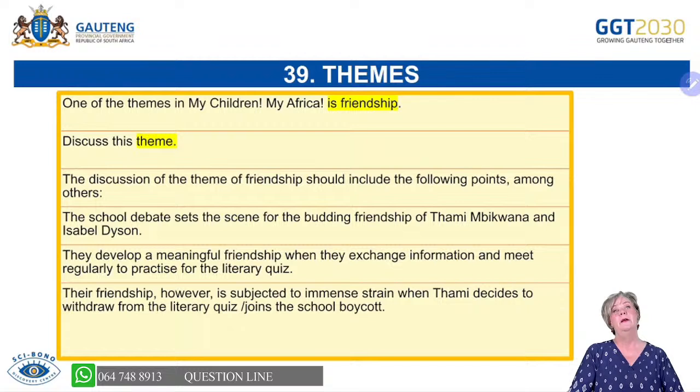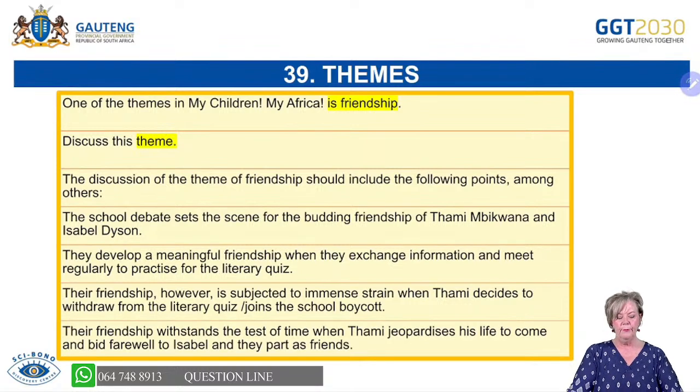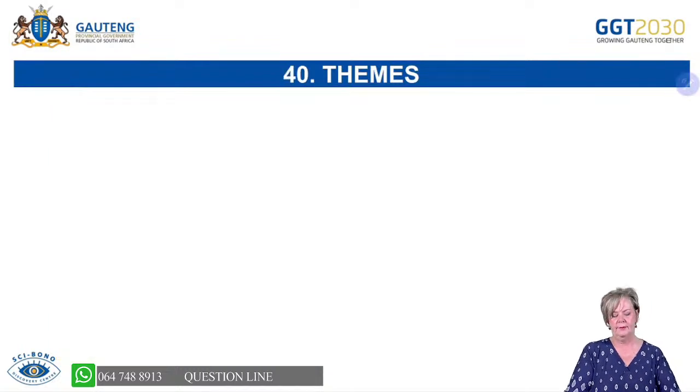Their friendship, however, is subjected to immense strain when Tommy decides to withdraw from the literary quiz and joins the school boycott. Their friendship withstands the test of time when Tommy jeopardizes his life to come and bid farewell to Isabel, and they part as friends.